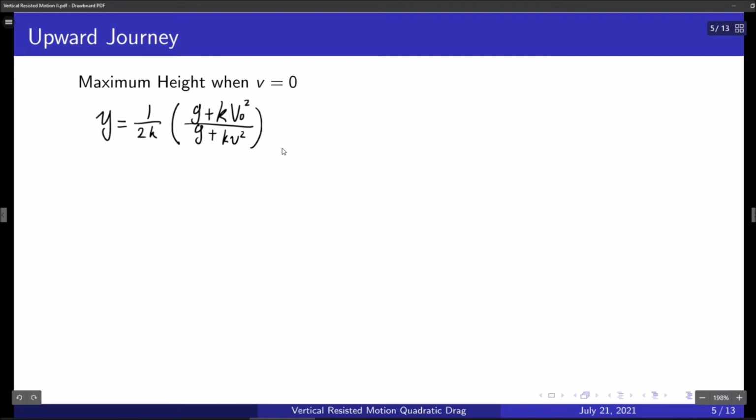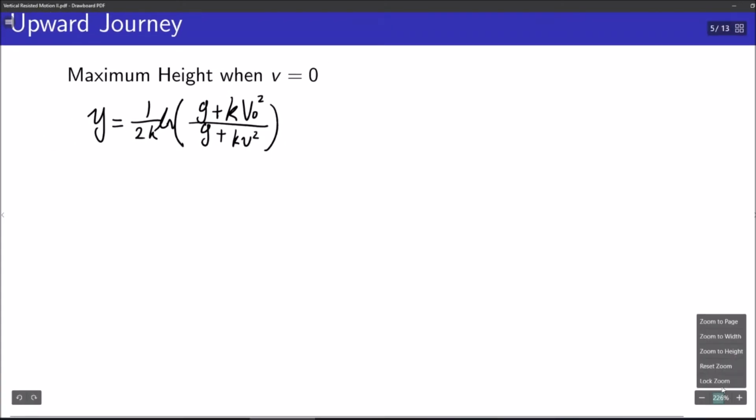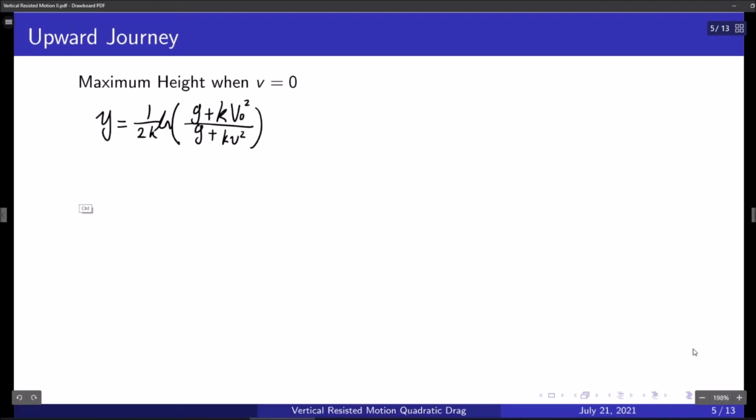If we substitute v equals 0 into here, we end up with y equals 1 over 2k log g plus kv naught squared over g. Yep. So that's the maximum height it can travel. So depending on what the initial velocity was, this is the max height.